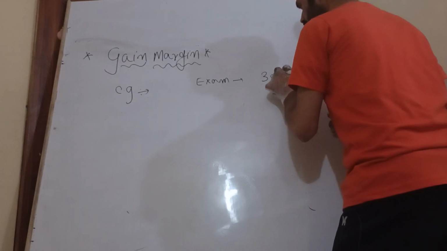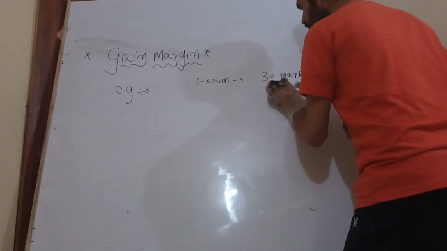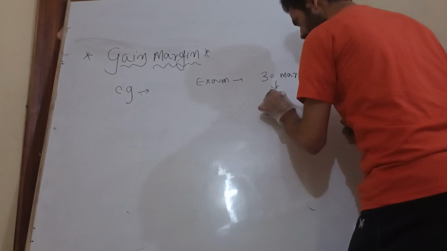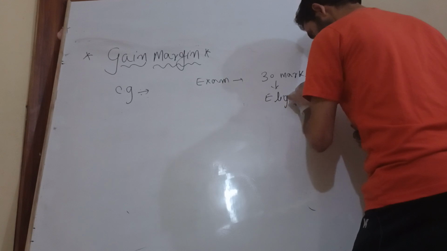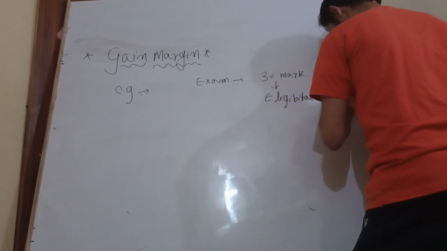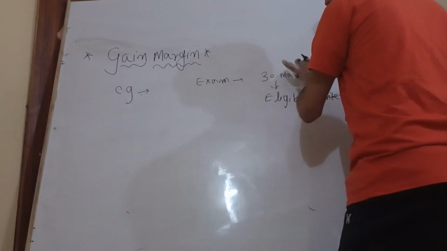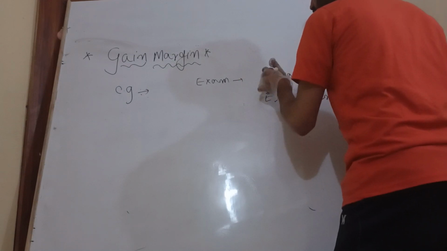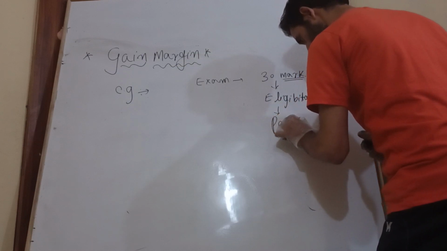Let's say 30 marks is my eligibility criteria for this exam. So for that, these are my passing marks.